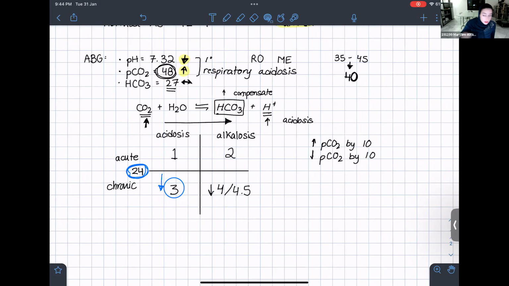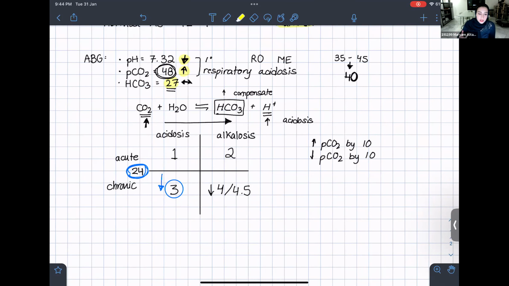Now, is this chronic compensation or is this acute compensation? It's chronic compensation because it has increased this much, from 24 all the way up to 27. So that tells us that the kidneys have started to generate more bicarb. So it's a chronic compensation of a respiratory acidosis. Okay, does this make sense for everyone?